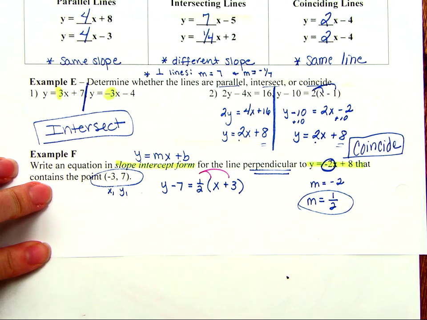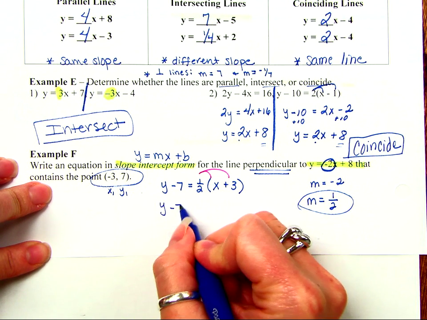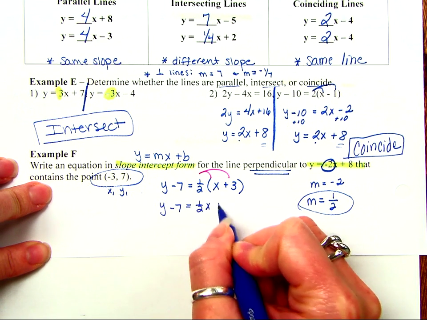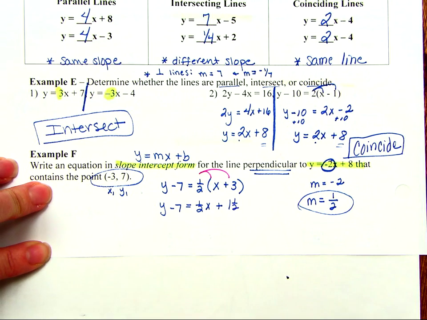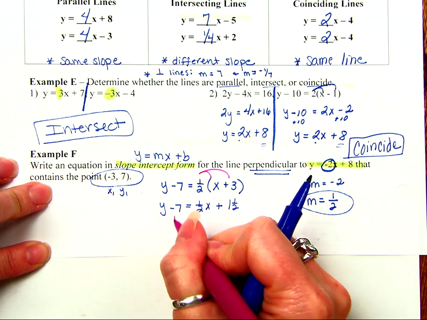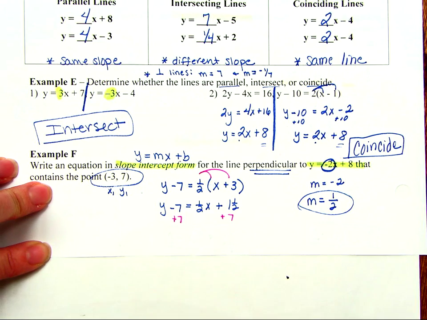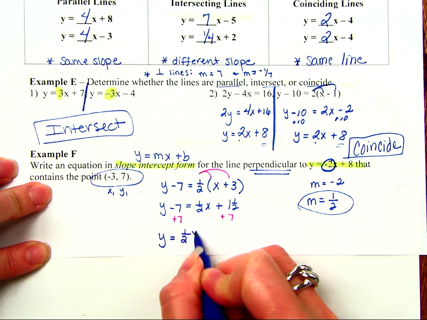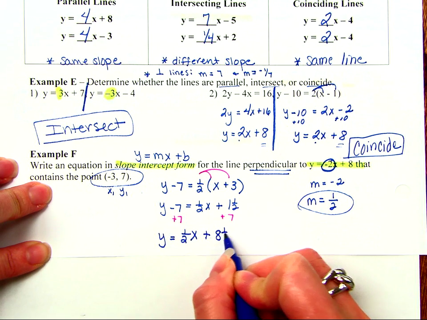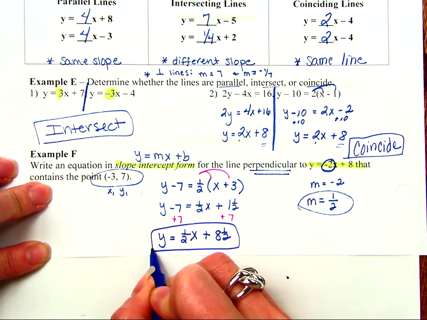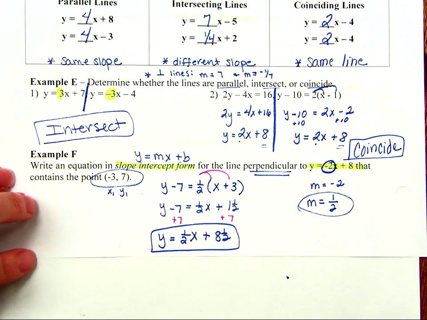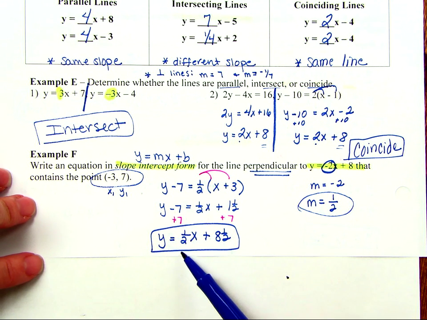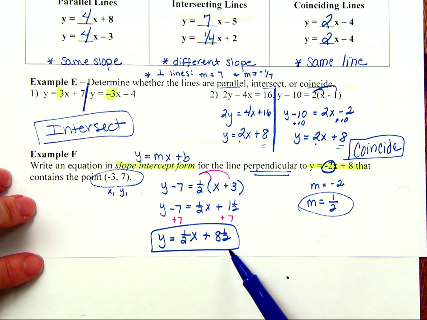I'm going to distribute. And then I'm going to add 7. So my final answer, y equals 1/2 x plus 8.5, tells me a slope of 1/2 and a y-intercept of 8.5. So I'm crossing the y-axis at 8.5.